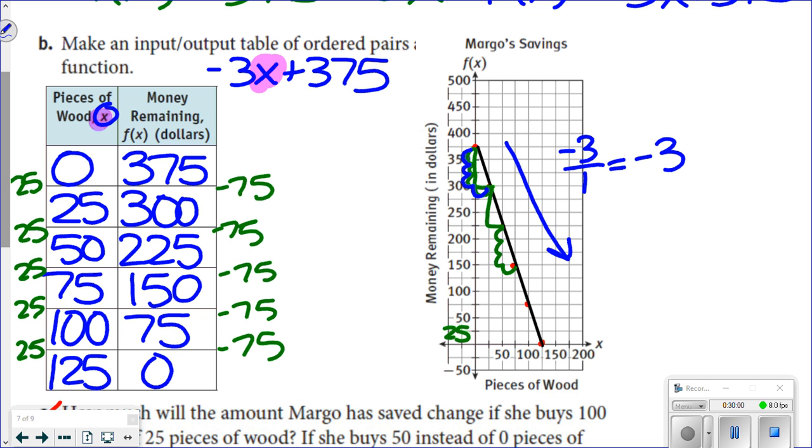And I know that I can count the boxes for this graph because my y-axis, each tick mark is 25, and on my x-axis, each tick mark is also 25. So it works to count the boxes here. So I'm going down 25, 50, 75. So down 75, over 25, and that reduces to a -3.